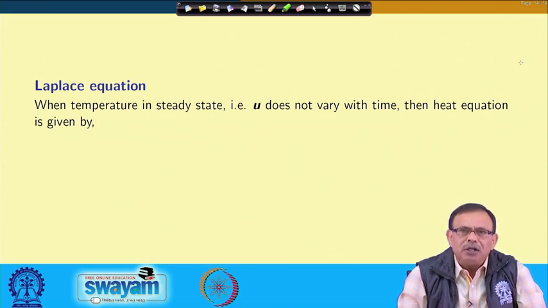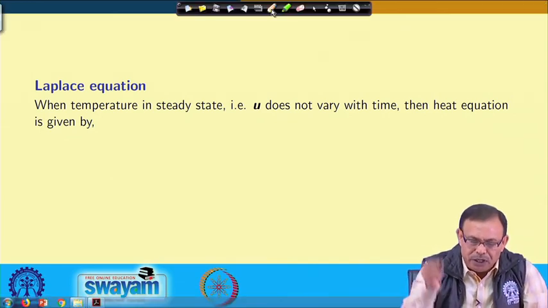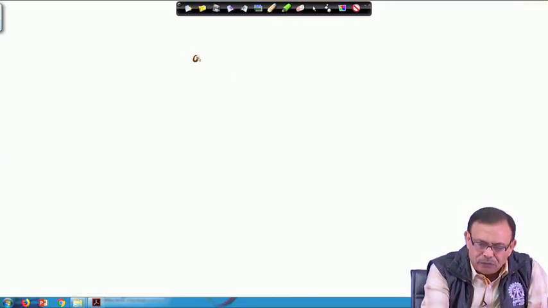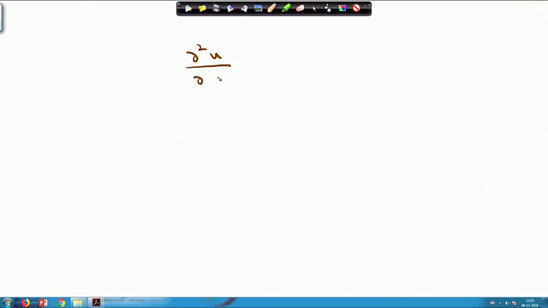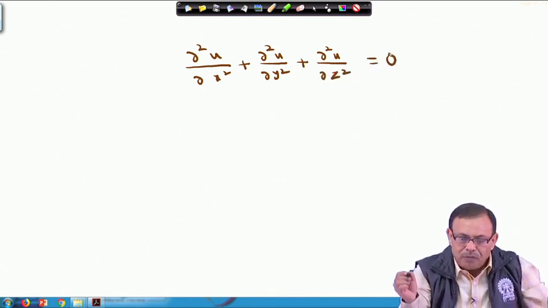In heat equation, u as a function of t varies with time, but in Laplace equation u does not vary with time. Then we say that ∂²u/∂x² + ∂²u/∂y² + ∂²u/∂z² equals 0.